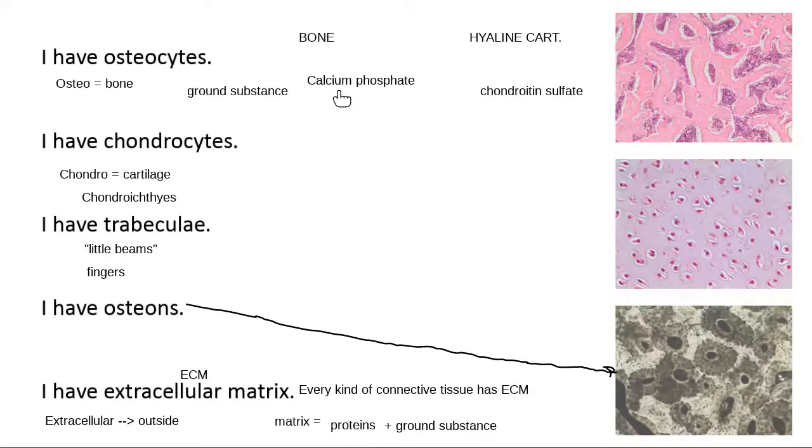Or if you have a ton of calcium in your diet, we'll use it to build more bones. So calcium phosphate is the ground substance on the outside of my bone cells. Chondroitin sulfate is the ground substance, the pink stuff, on the outside of the cartilage cells.